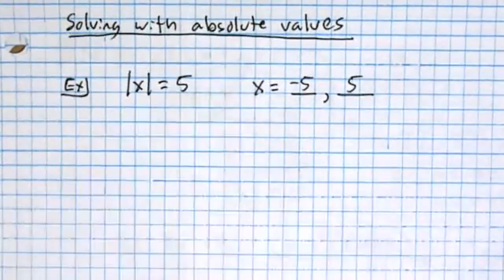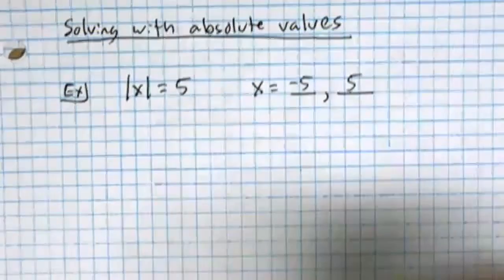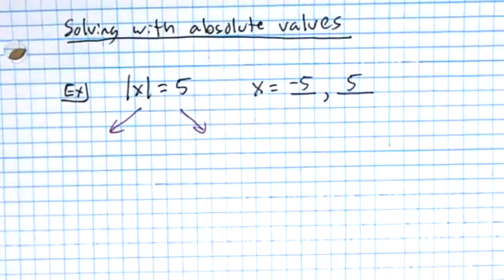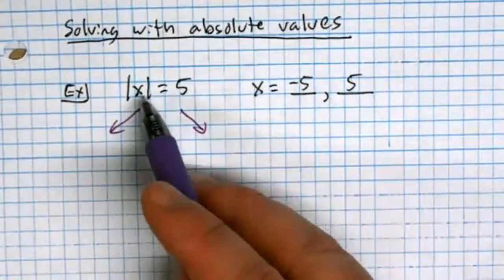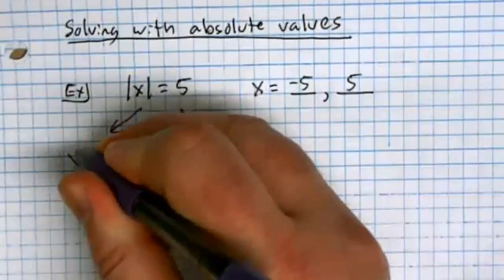So here's the process. When we have an absolute value equation, we are going to split it into 2 separate equations. We're always going to split it into 2 separate equations. The thing in the absolute value stays the same. Nothing changes in that, except we drop the absolute value.